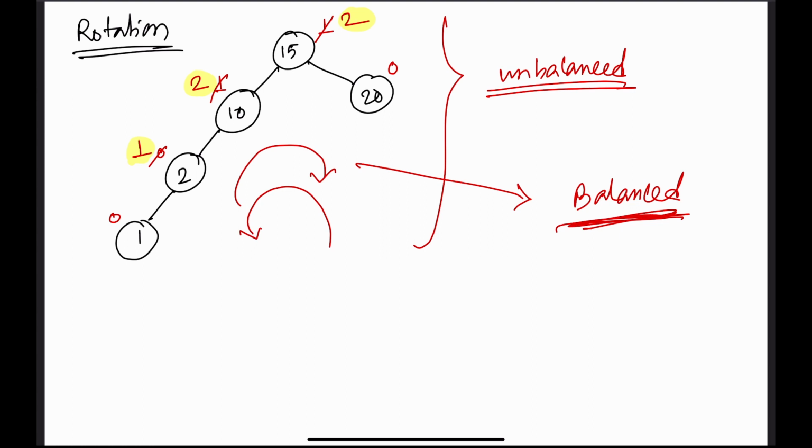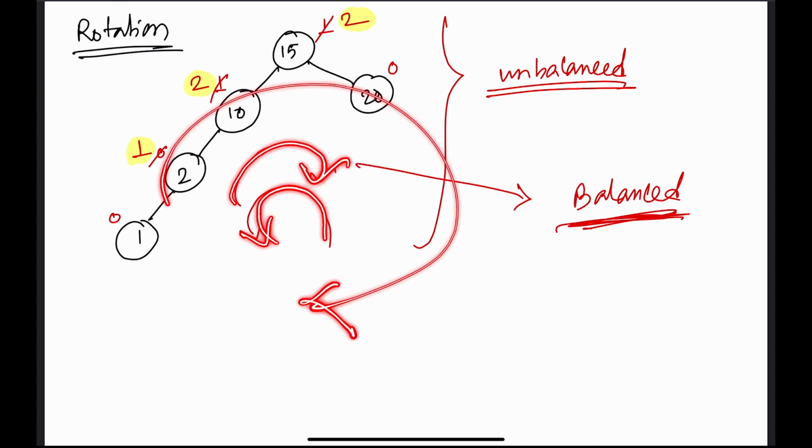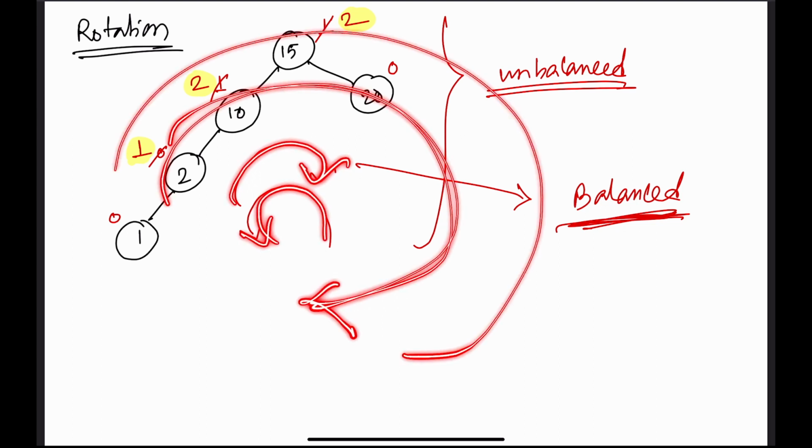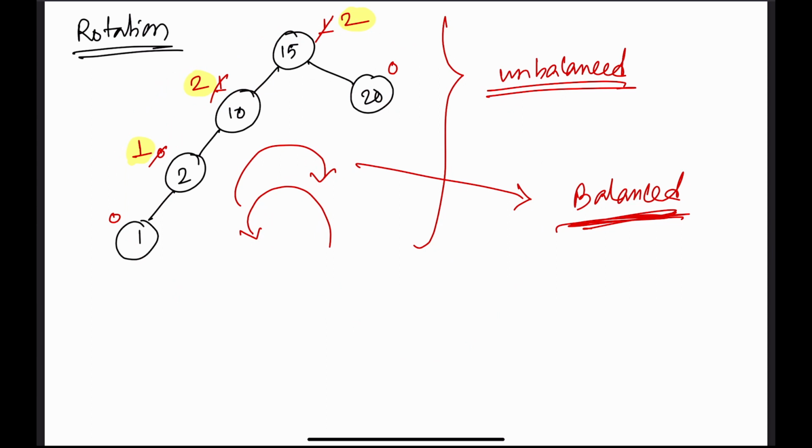This is the purpose of the AVL tree: by these rotations, you convert unbalanced to balanced. As I have drawn here, this means right side rotation, and this means left side rotation.